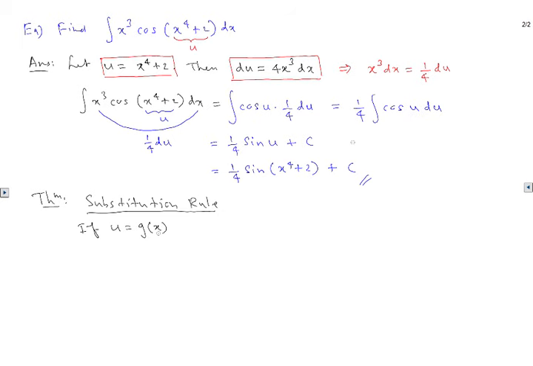Okay, u equals g of x is the inside function, a differentiable function, because you have to take derivatives, and whose range is an interval, so there cannot be discontinuities.